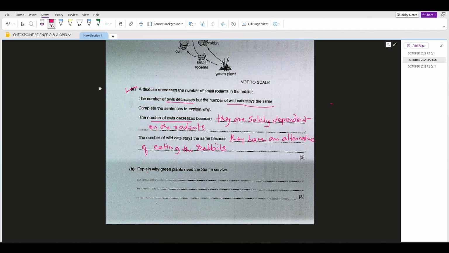So the answer you can write in this way: explain why green plants need the sun for their survival.